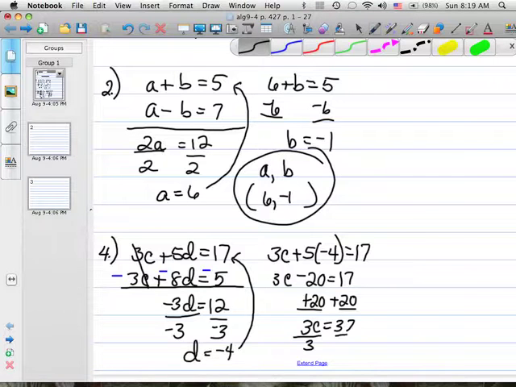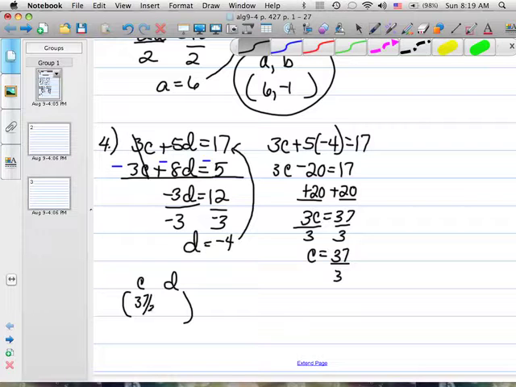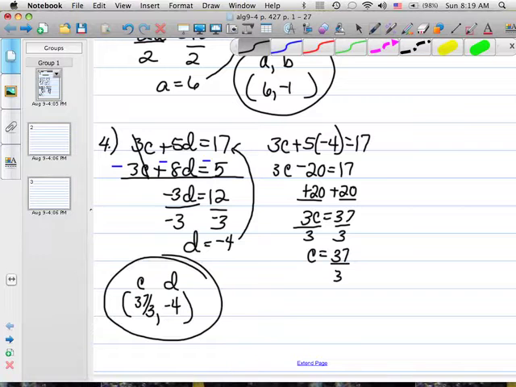Divide by 3, and c equals 37 thirds. So the ordered pair is c, d. So 37 thirds and negative 4 is my solution. When you put it back in the ordered pair, you can go ahead and put the fraction all in one line.